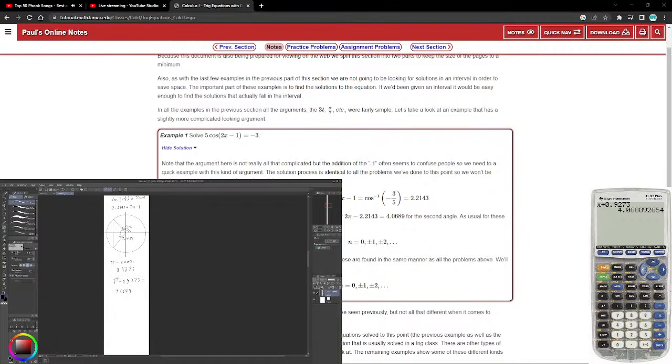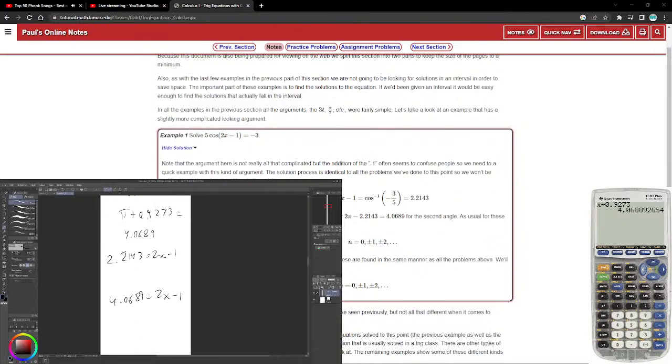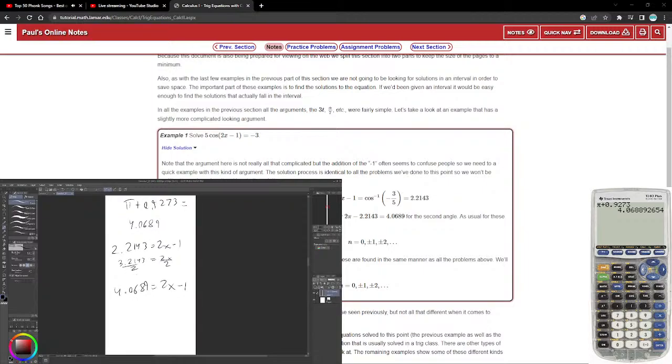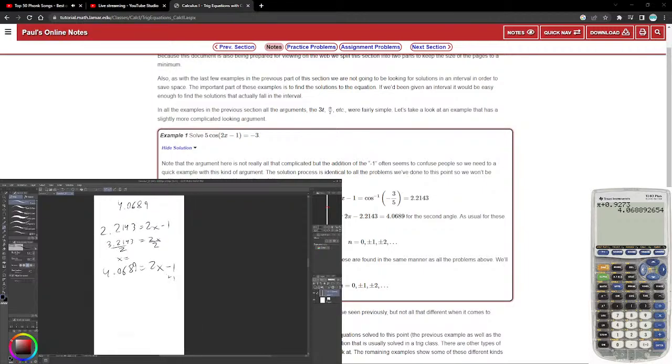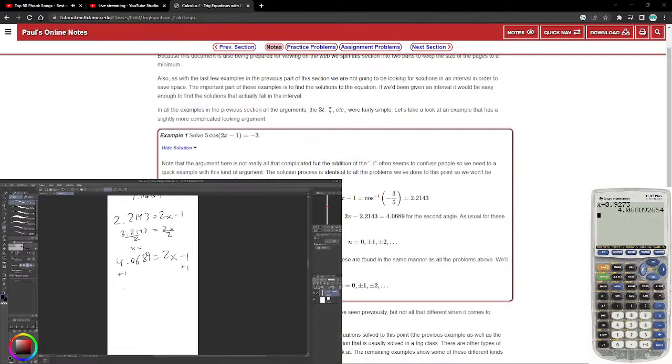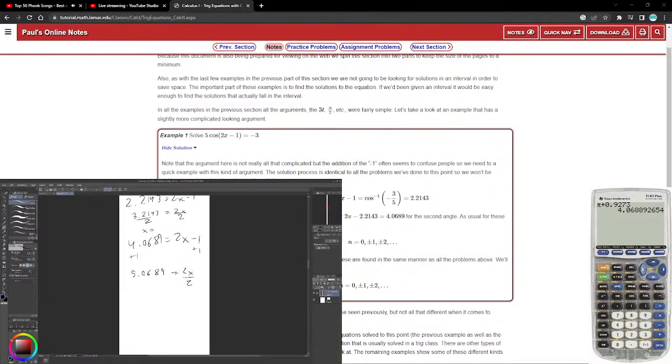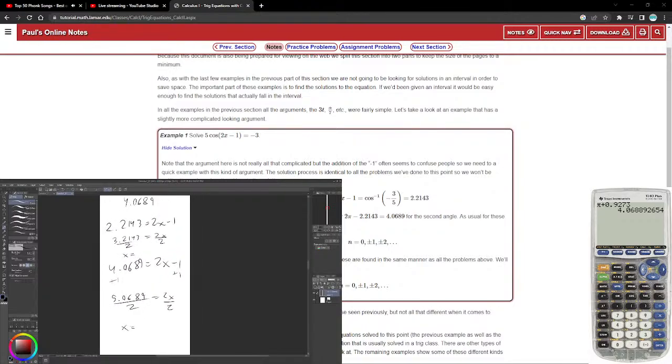So now that we have these, 2.2143 equals 2x minus 1, and 4.0689 equals 2x minus 1. So add 1 over: 3.2143 equals 2x, divide by 2, x equals, I'll give the answer before I use the calculator, plus 1, 5.0689 equals 2x, divided by 2, x equals, okay.